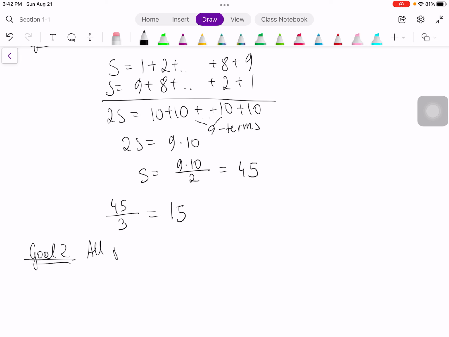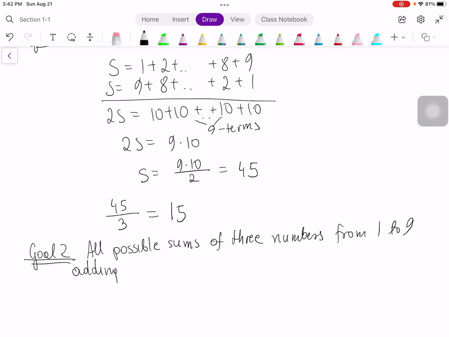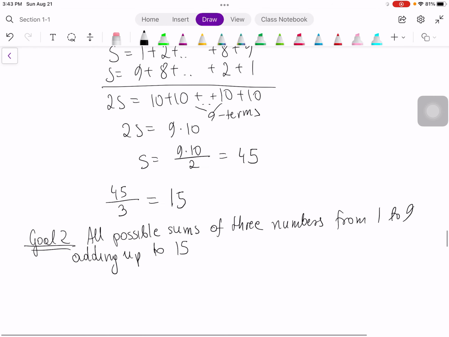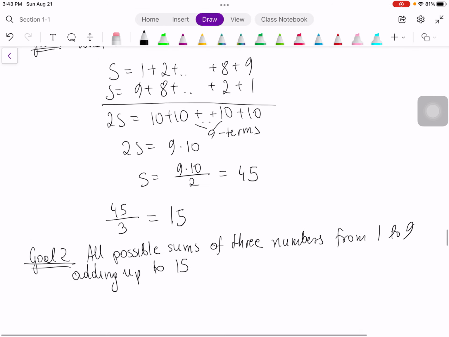So all possible sums of 3 numbers from 1 to 9 adding up to 15, right?